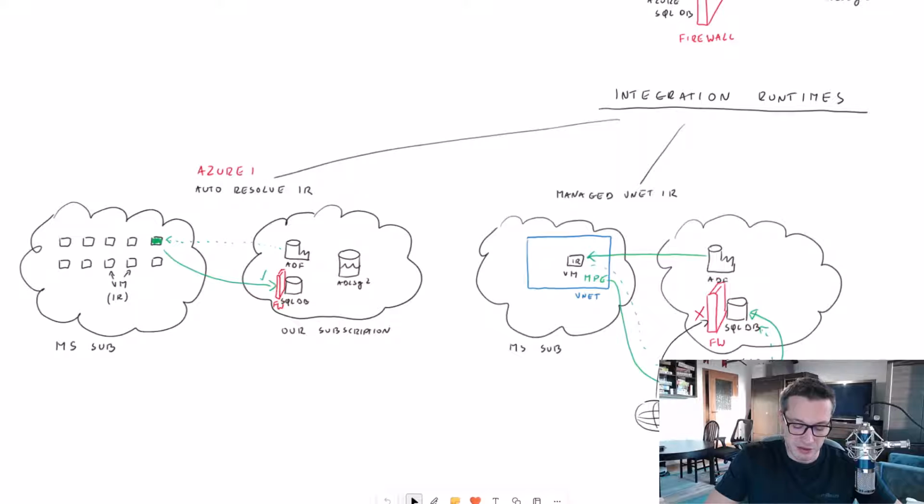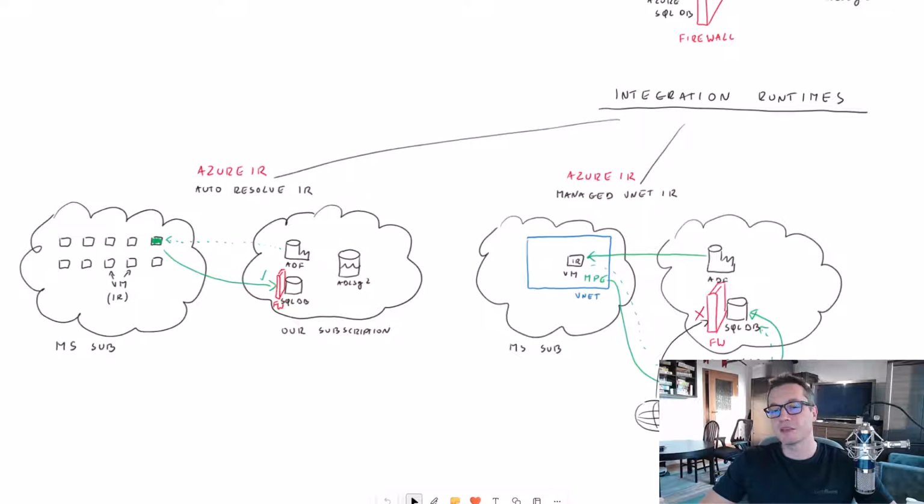So that's Azure integration runtime. And this auto-resolve integration runtime was just a name given to this out-of-the-box instance of Azure integration runtime. Likewise, the second runtime is also an Azure integration runtime, but with managed VNet enabled. But it is still a type of Azure integration runtime. So please remember this.